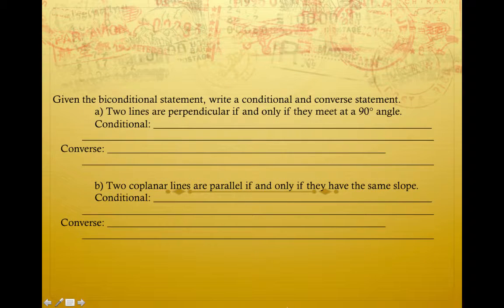So we're given a biconditional statement now, and we want to write it as a conditional and a converse. Two lines are perpendicular if and only if they meet at a 90-degree angle. So conditional: if two lines are perpendicular, then they meet at a 90-degree angle.